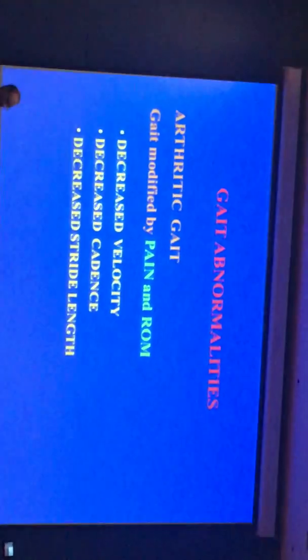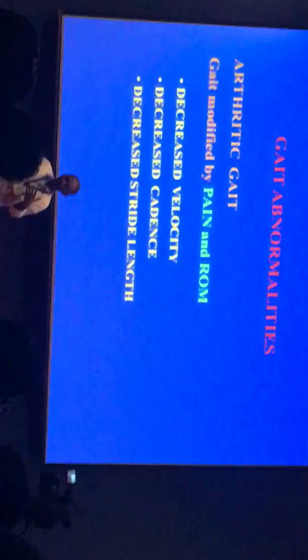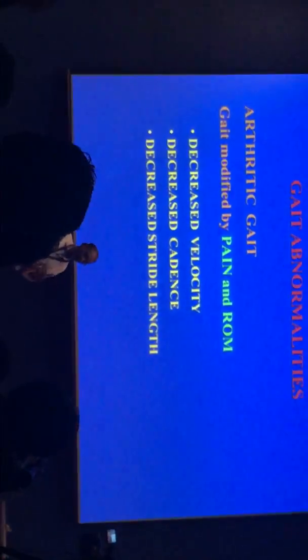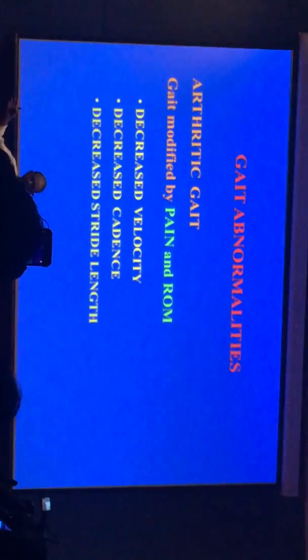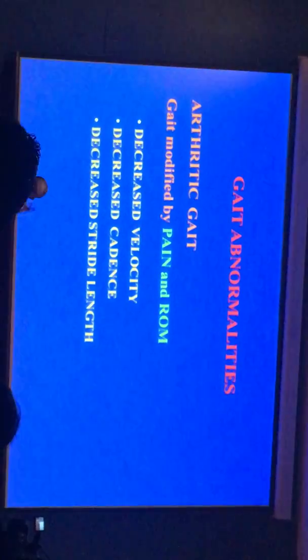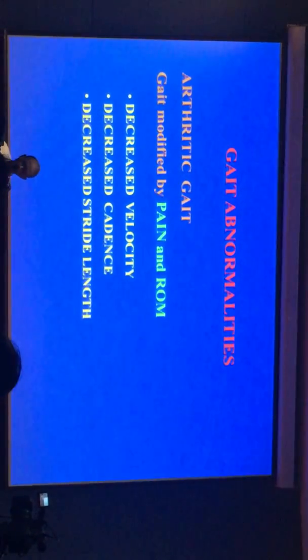Now in arthritic gait, the pain and the restriction of movement causes problems. The pain depends on where the pain is and how it is affecting the pre-positioning. So you can't have one description for an arthritic hip because it depends on how many joints are affected, what is the range of movement, what is the deformity.